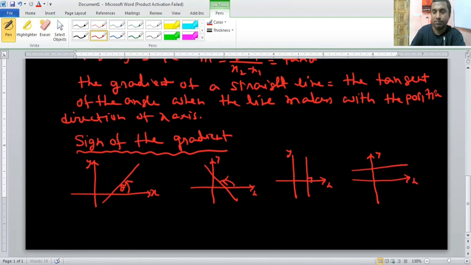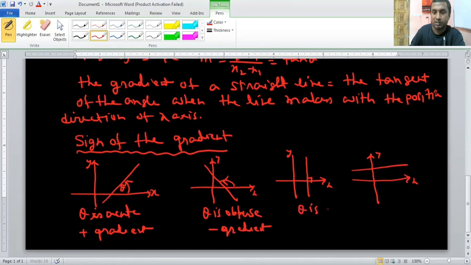Okay. Here theta is acute, so positive gradient. Theta is obtuse, so negative gradient.